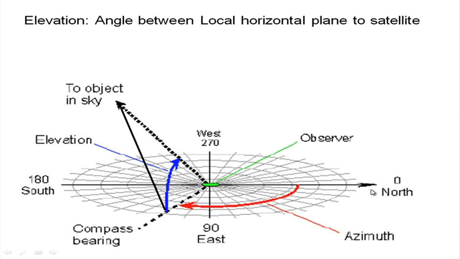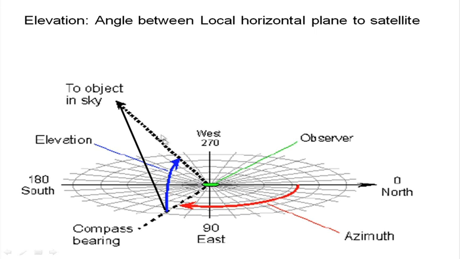Assume that this side is north, and this is the horizontal plane, and there is an object in the sky, which in this case is the satellite. From the satellite to the center of the Earth, you drop a line. It will cut this horizontal plane at some point. It is not the subsatellite point. The subsatellite point is different, that is on the Earth's surface.